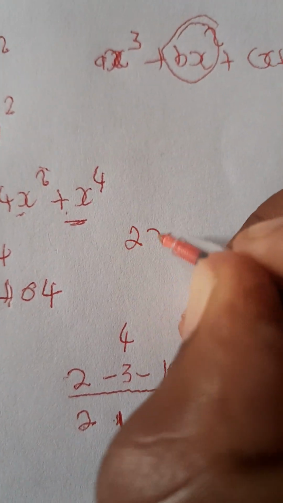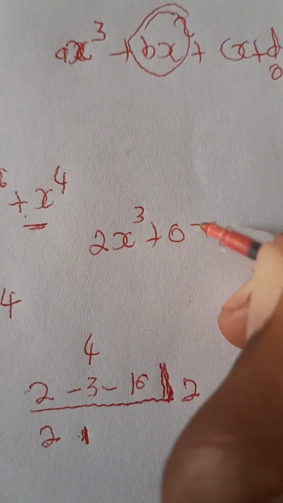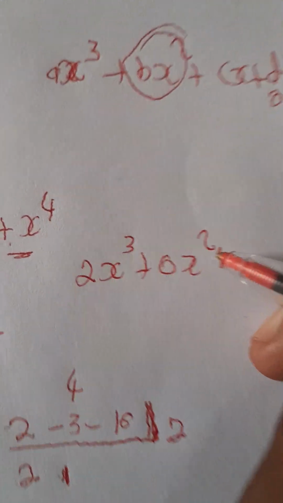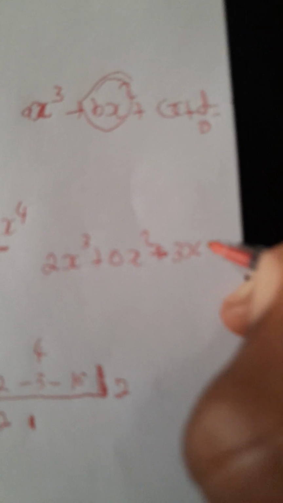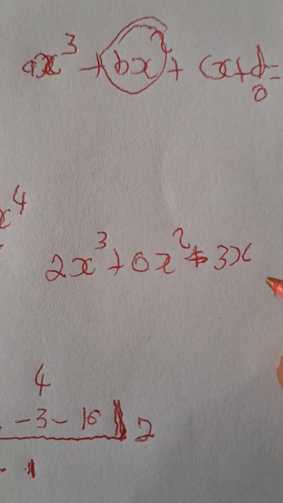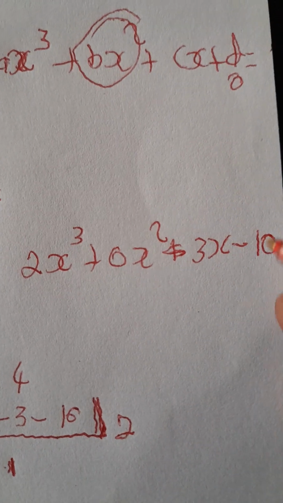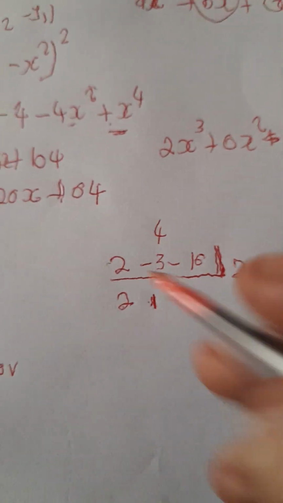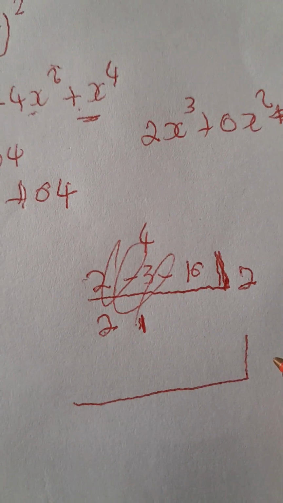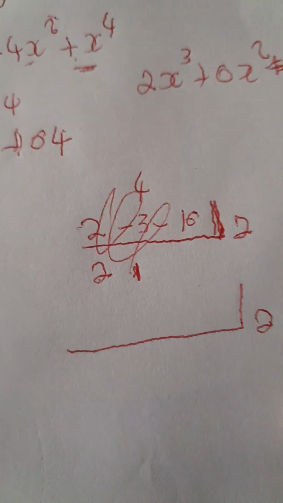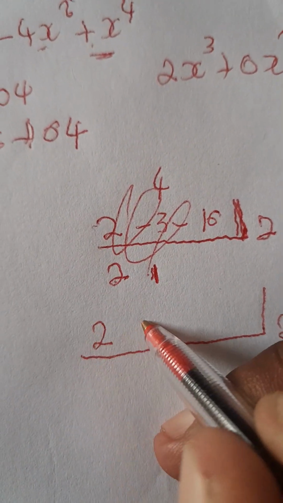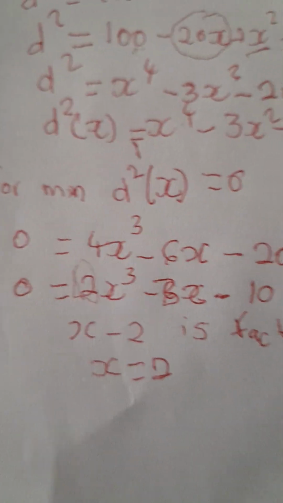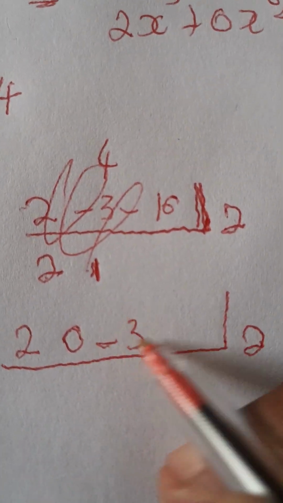So in other words, we are going to place something like this: 2x cubed plus 0x squared, minus 3x, as well as minus 10, equated to 0. So I made a mistake here. Let's fix it. Place the factor here and place your coefficients. We have 2, followed by 0, and 0 is followed by minus 3 and minus 10.